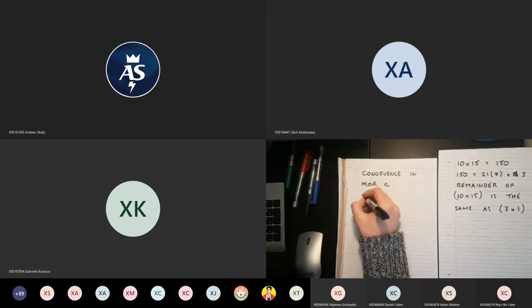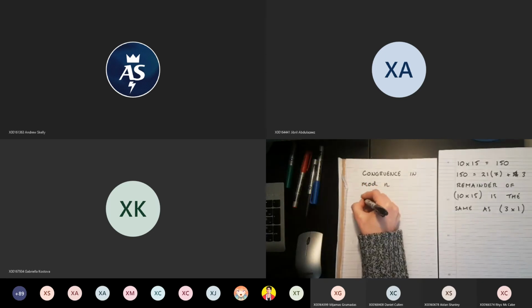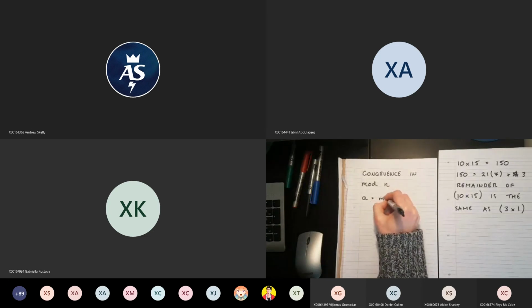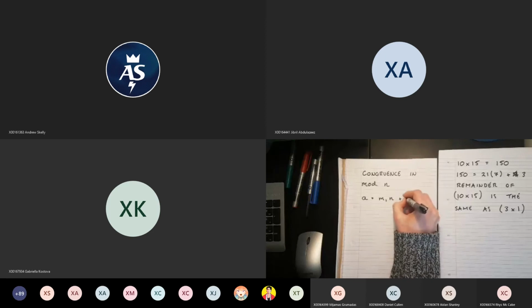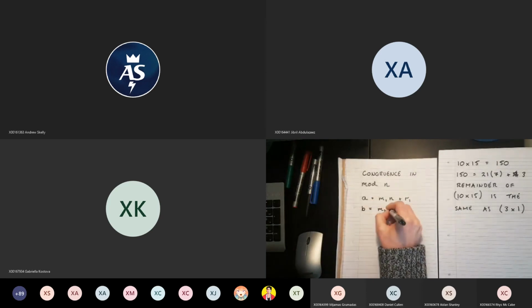I'm going to pick a number a, and I'm going to say that this is a multiple m1 times n plus a remainder r1. So r1 is the remainder for a. And I'm going to say that b then is m2 times n plus the remainder r2.